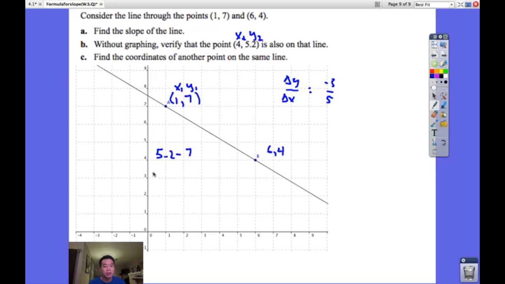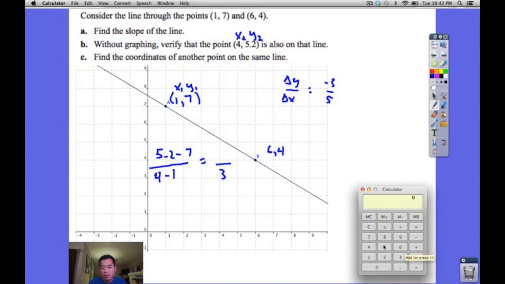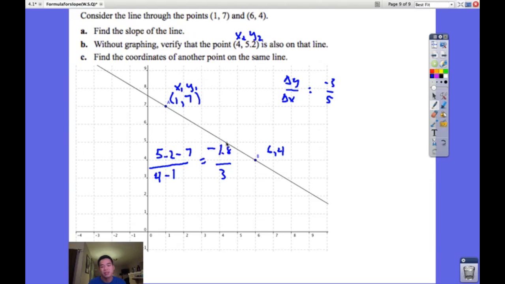And then my other one is going to be 4 minus 1. And I should get 4 minus 1 is 3. 5.2 minus 7. If you don't know how to do that, that's totally okay. Go ahead and use your calculator. So 5.2 minus 7. I get negative 1.8.